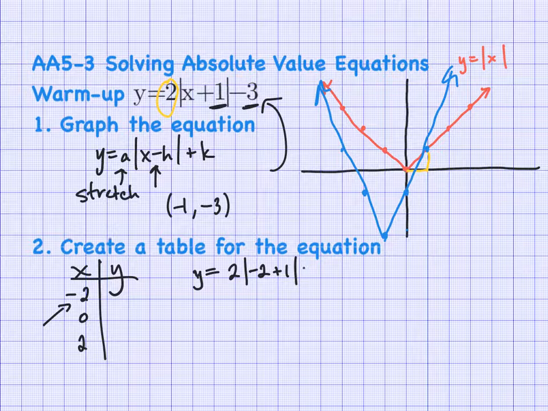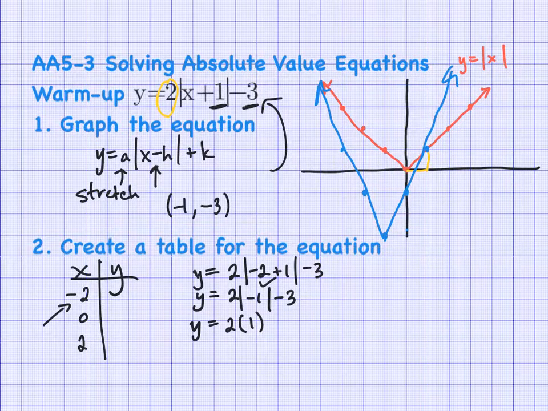So I got y equals 2 times the absolute value of negative 2 plus 1, minus 3. Negative 2 plus 1 is negative 1. So I've got y equals 2 times the absolute value of negative 1, which is just 1, so I'm going to get rid of the absolute value lines. 2 times 1 is 2, minus 3 is negative 1.